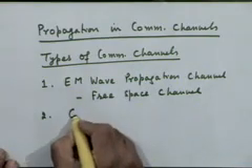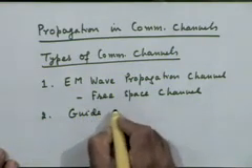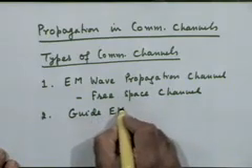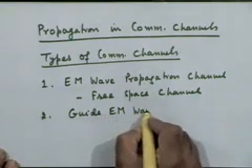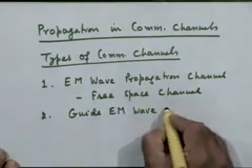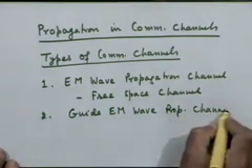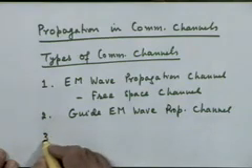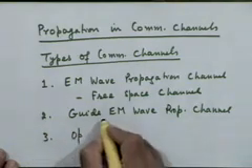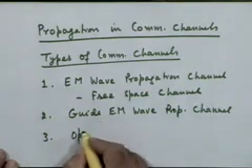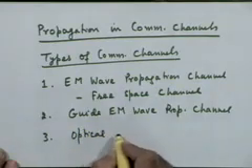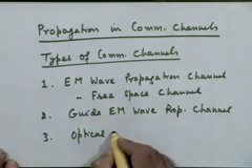The second one is the guided EM wave propagation channel. And the third one is really a subset of the second one, but it's still worth having a third kind called the optical channels.